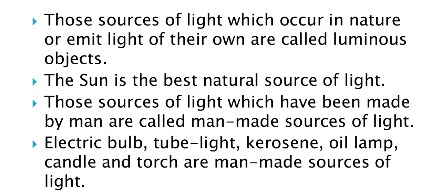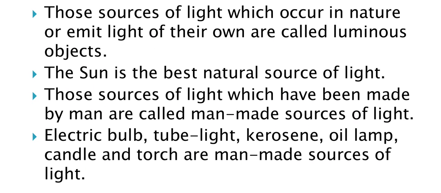The sources of light which occur in nature or emit their own light are called luminous objects. These are also called natural sources of light. For example, the sun is the best natural source of light, or luminous object.